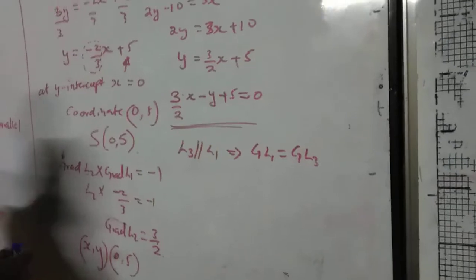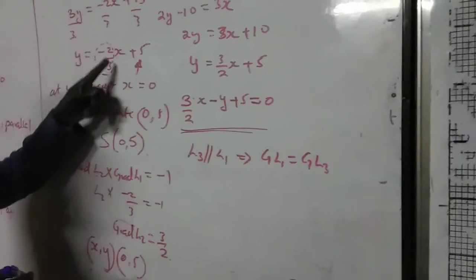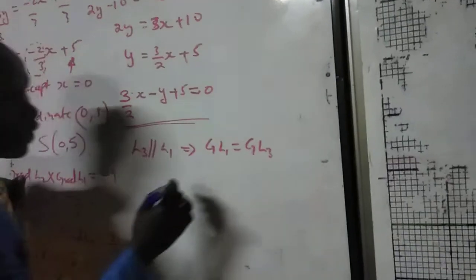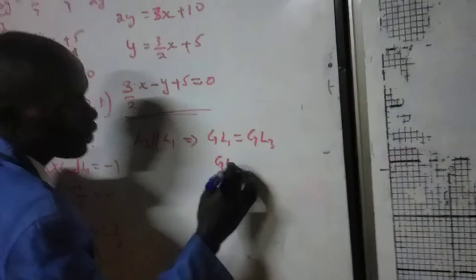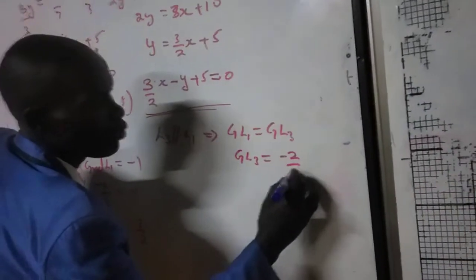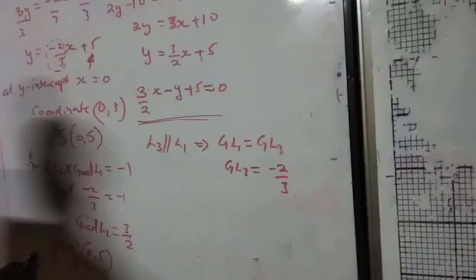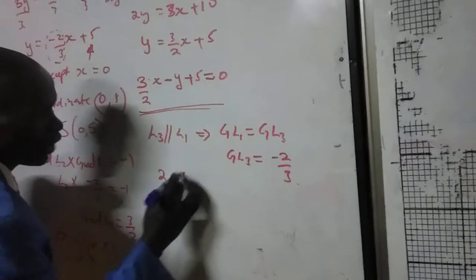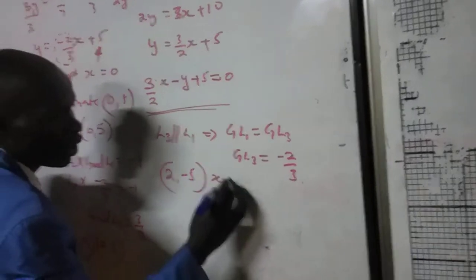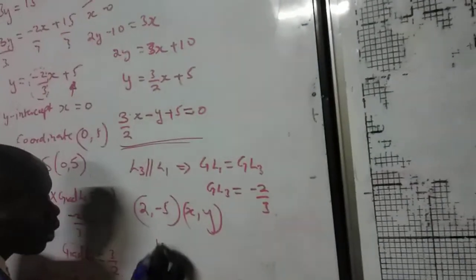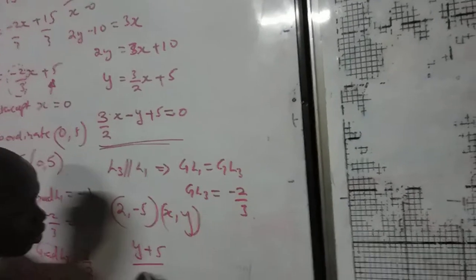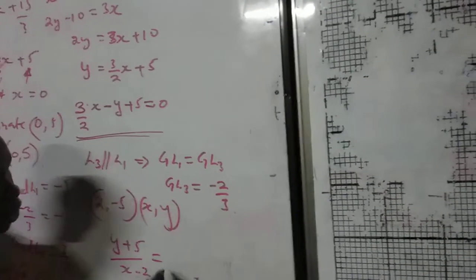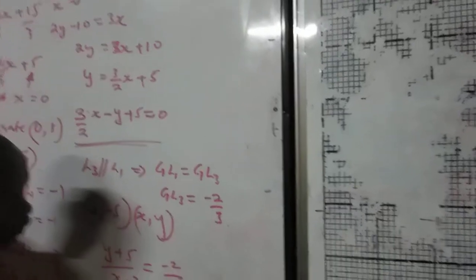And gradient of L1 we found to be negative 2 over 3. Therefore, gradient of L3 is negative 2 over 3. And it is passing through point 2, negative 5, with the general point x, y, so we can find the gradient, which is y plus 5 over x minus 2 is equal to negative 2 over 3.